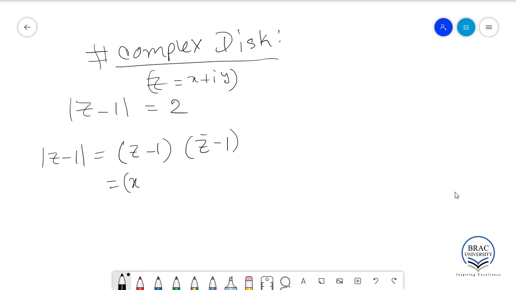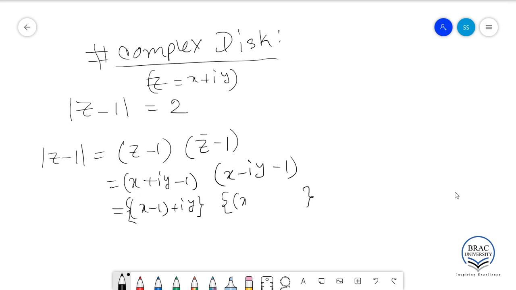So let's write it explicitly. This is x plus iy minus 1, this is x minus iy minus 1, and this is similar to x minus 1 plus iy, and this is similar to x minus 1 minus iy.